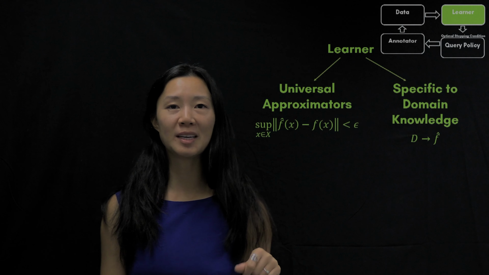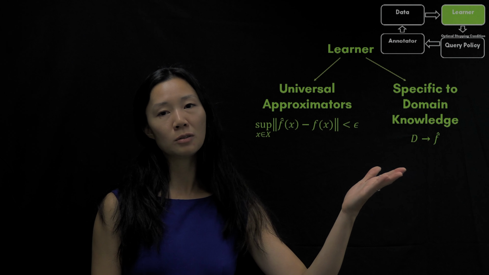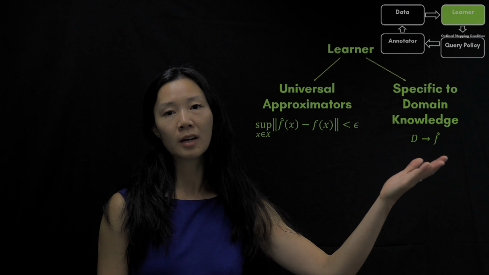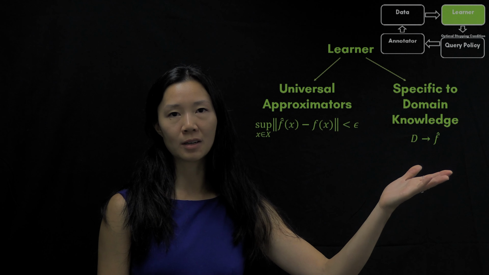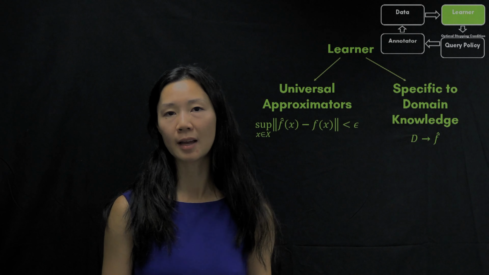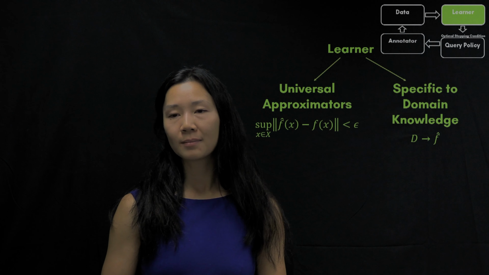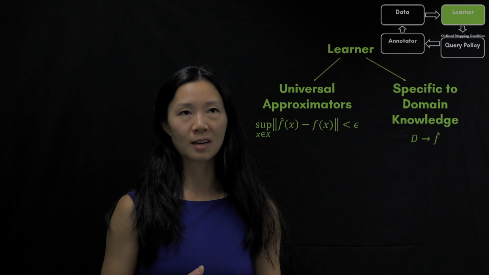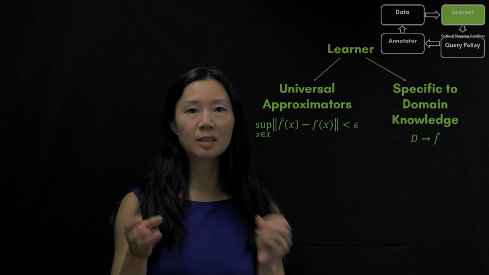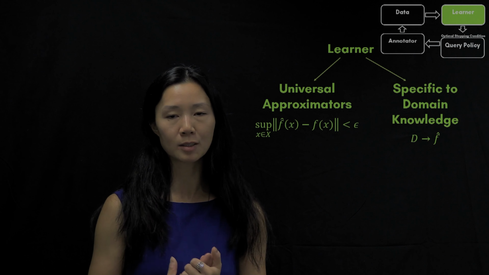If you were to lean into your domain, then you could possibly use your data to inform what kind of form and function your function approximator takes. An example of that could be that you know the mathematical expression of your true function, and all you have to do is estimate the parameters, the coefficients that fit inside that mathematical expression.